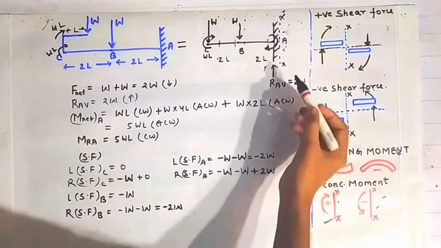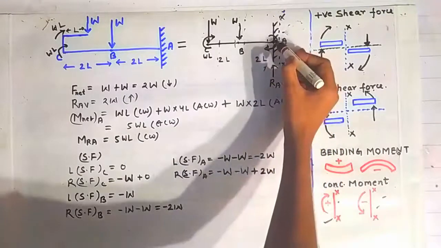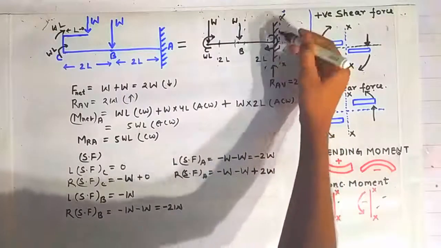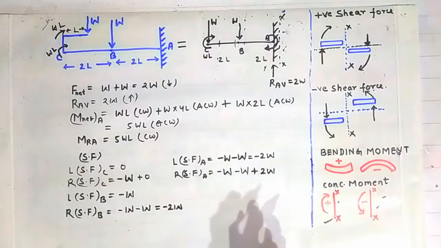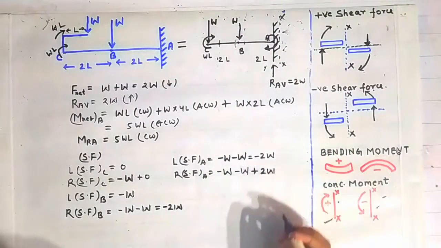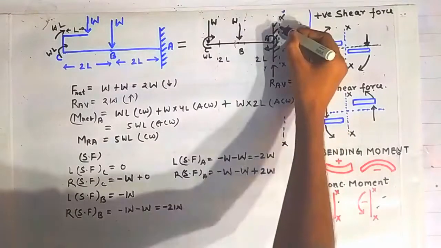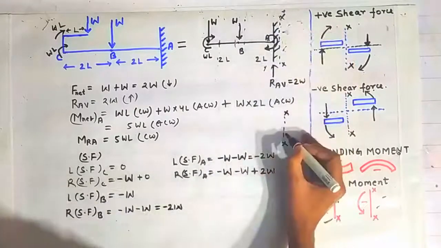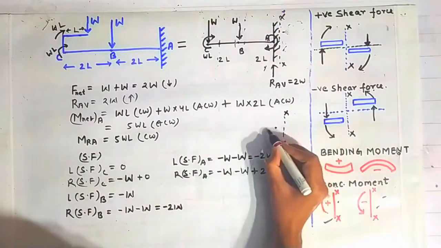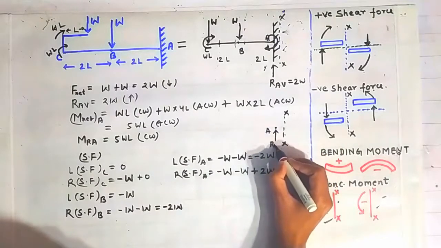Why? Because it is trying to rotate the beam element which is lying between the point A and the section XX in a clockwise direction. See this, how it is rotating. This is our section XX, I am drawing it here, and this is the point A. At this point A you can see that this RAB is acting like here.